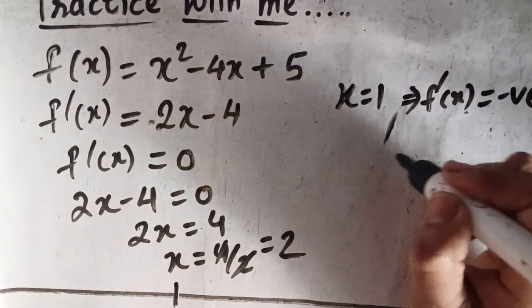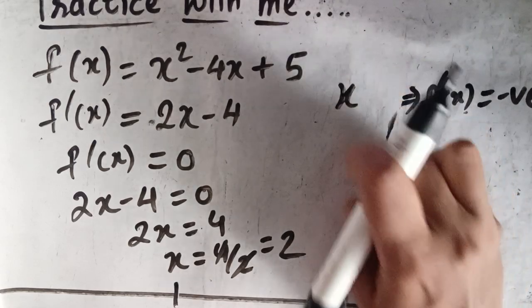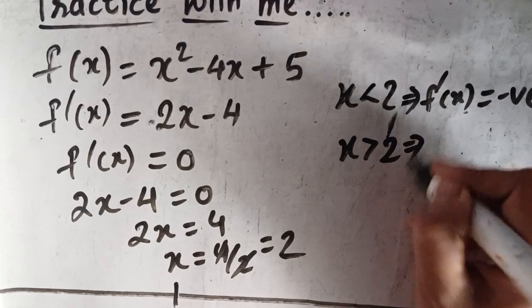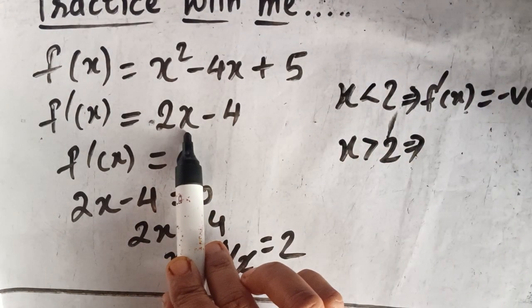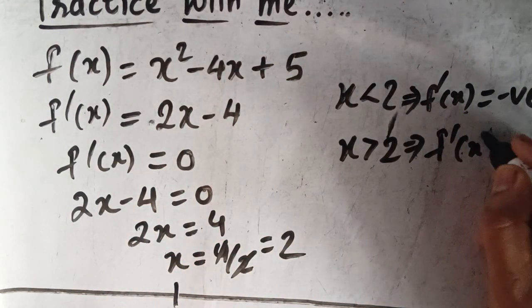This is for x less than 2. For x greater than 2, if I take 3 here, it will be 6 minus 4, that is 2, so it is positive.